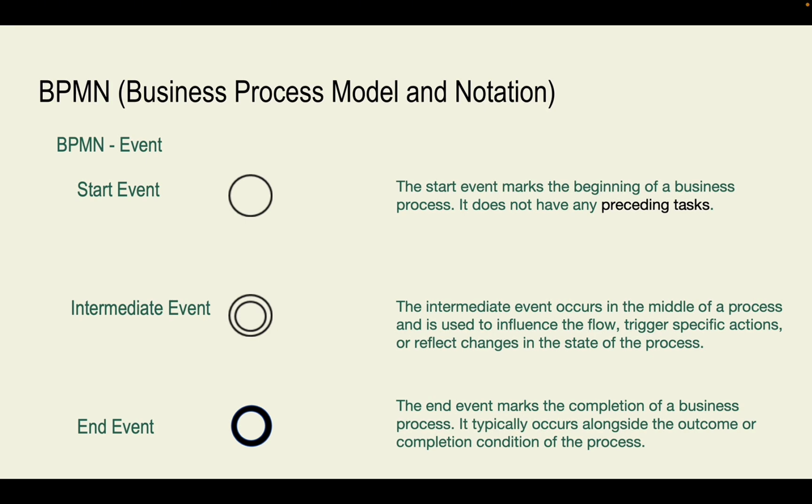The intermediate event occurs in the middle of a process and is used to influence the flow, trigger specific actions, or reflect changes in the state of the process. The end event marks the completion of a business process. It typically occurs alongside the outcome or completion condition of the process.